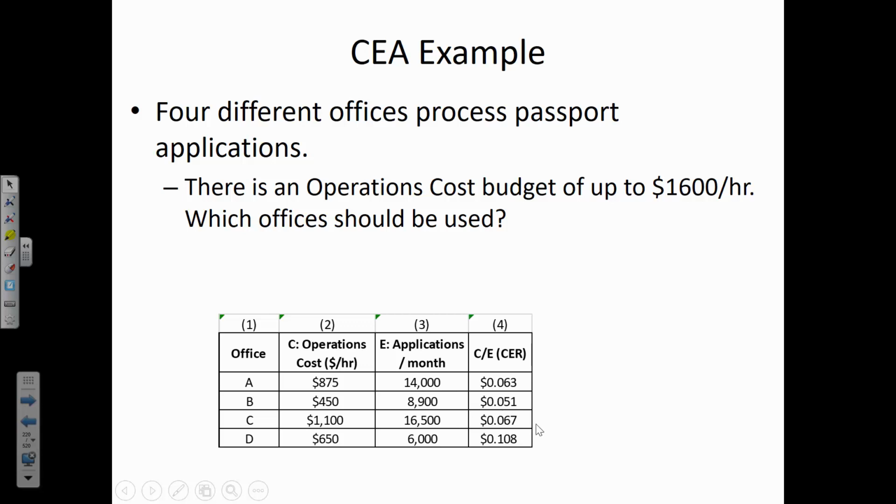On a relative basis, what we can see is we want to have the lowest cost per effectiveness. And so the office that's doing the best here looks like Office B. Office B is doing the best, and Office D is doing the worst, because when you compare the costs to their effectiveness, they have the highest cost per measure of effectiveness.